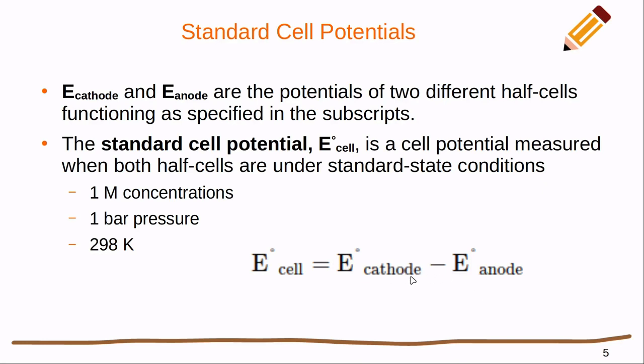Both of these were measured against SHE cells, but the SHE cell will not appear in my galvanic cell at all. I'm just using these values as standards. I take that difference and I get the cell potential for my cell that does not contain the SHE half cell at all.